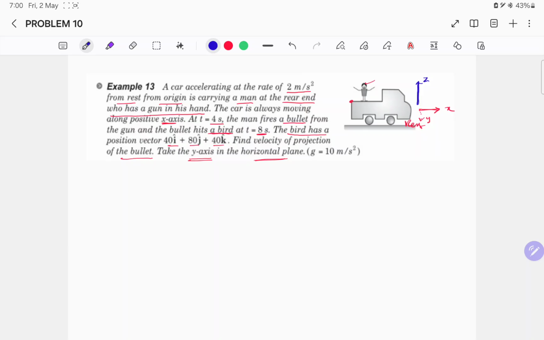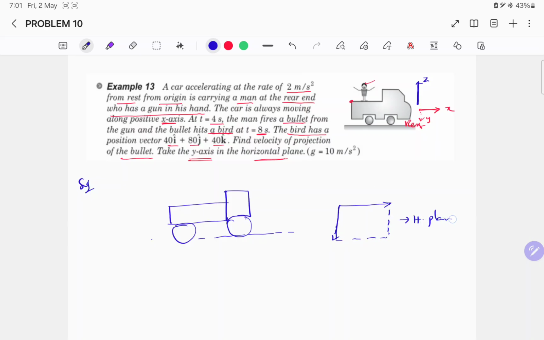See here in the solution, if this is the truck, this truck is traveling along the x-axis, and being in this horizontal plane you need to feel one y-axis. This is a completely horizontal plane, like parallel to the ground, x and y.